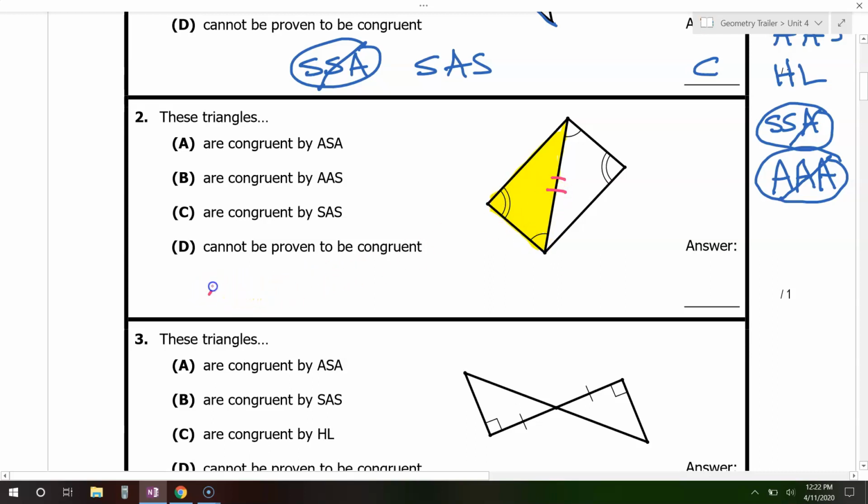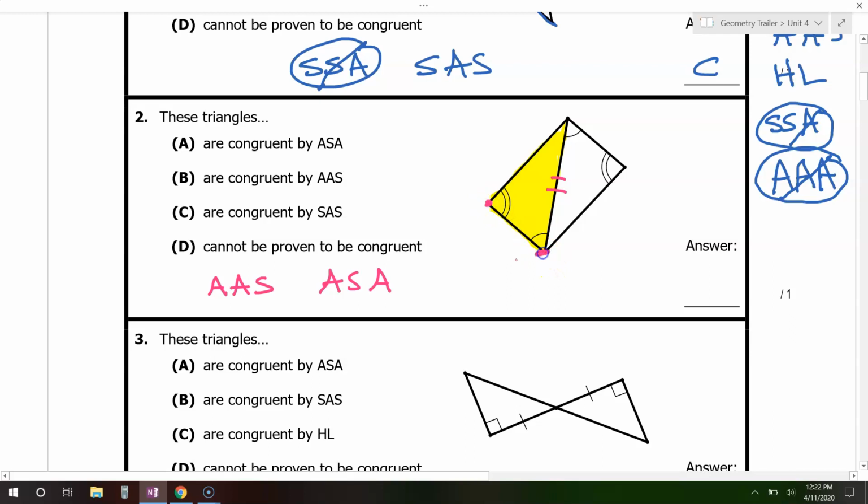That means it will either be angle, angle, side, or it will be angle, side, angle. The difference is, if it's going to be angle, side, angle, the side has to be between the two angles. Well, that's not what's happening here. Here's one of the marked angles.